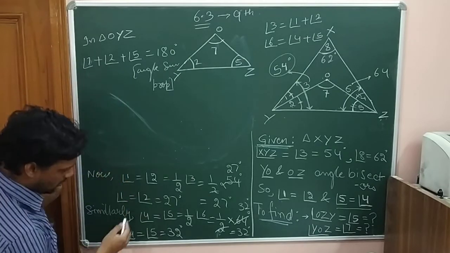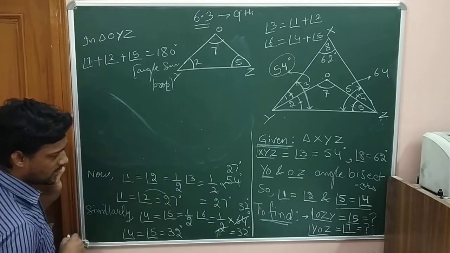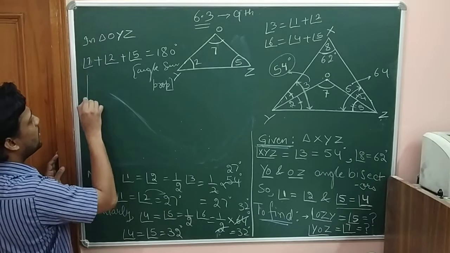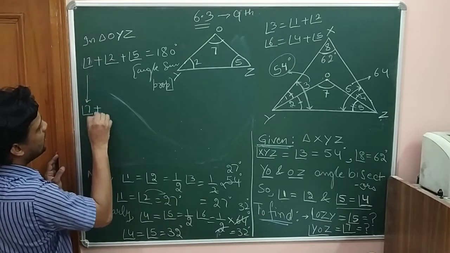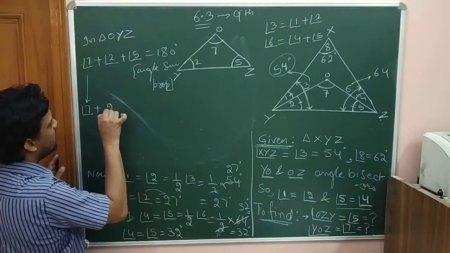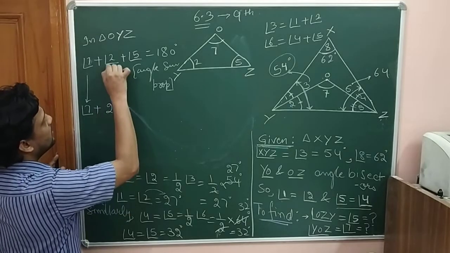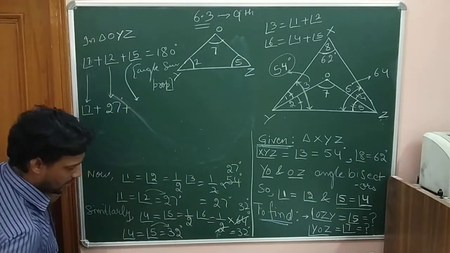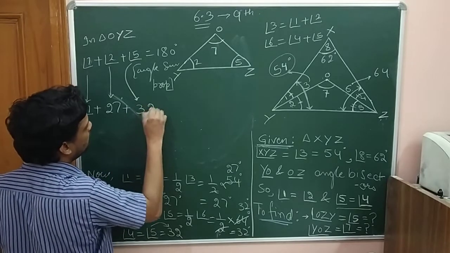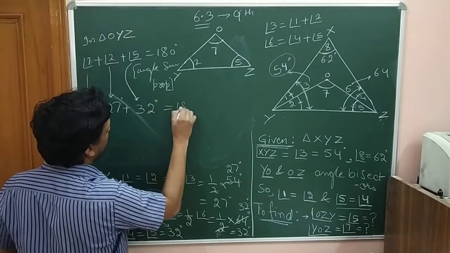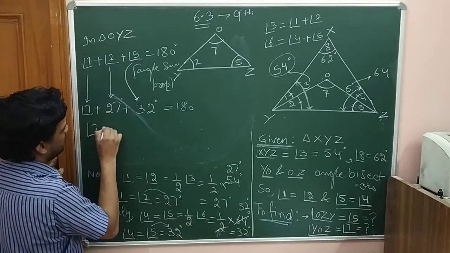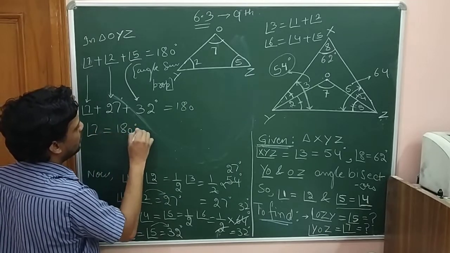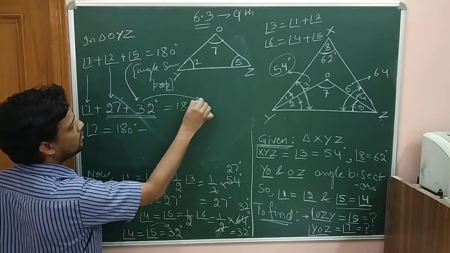What is angle 2? We have already found angle 2 is 27. So keep angle 7 as it is, and instead of angle 2 put the value 27, and angle 5 is 32 degrees, equals 180 degrees. That is angle 7 equals 180 minus the sum of these two.